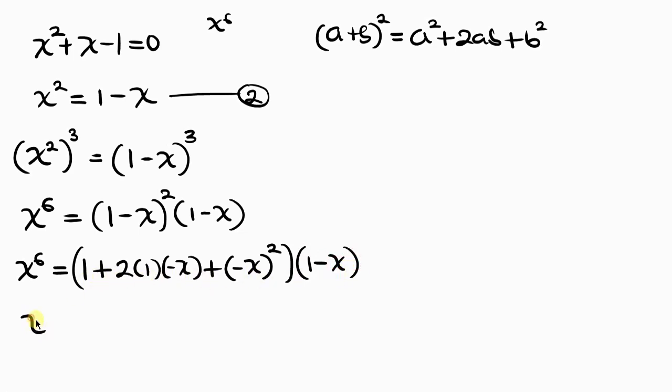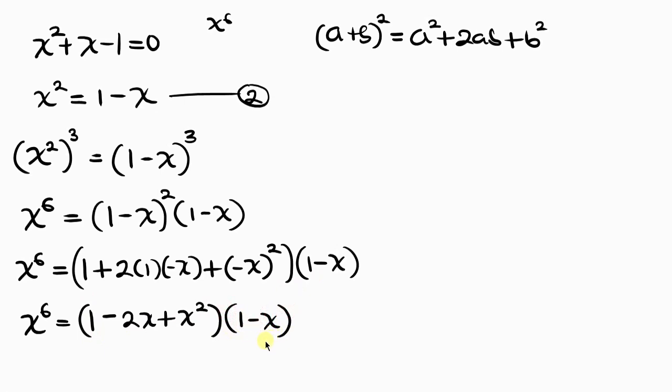So we have x to the 6 to be equal to 1. Now 2 times 1 times negative x is negative 2x, plus negative x squared is x squared. And this is multiplied by 1 minus x.